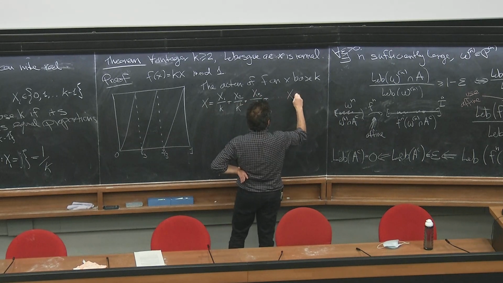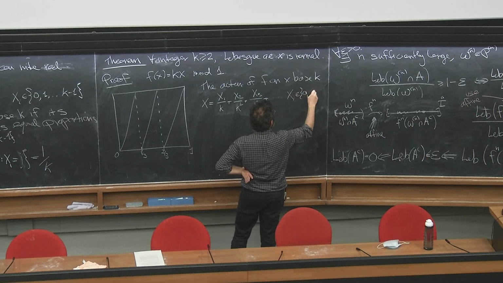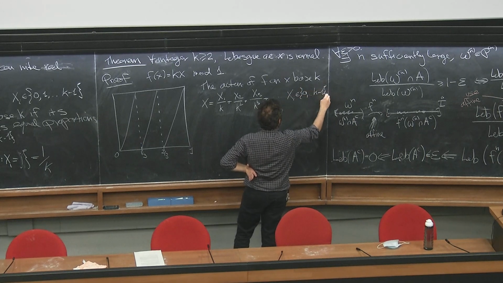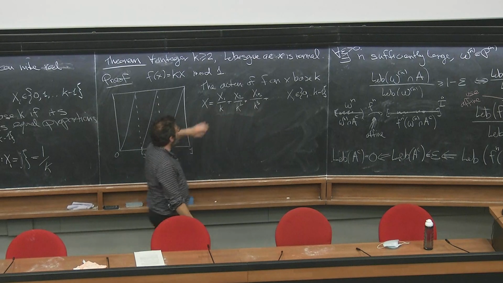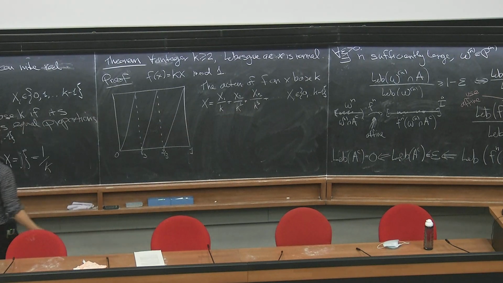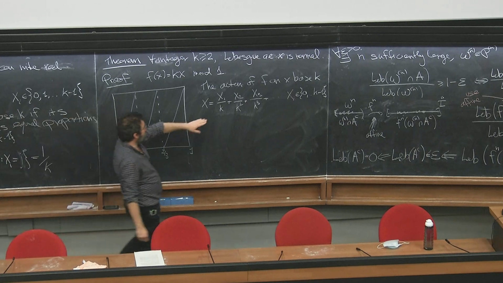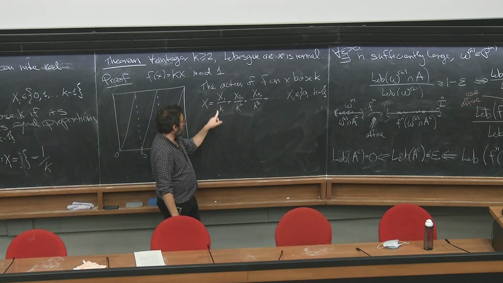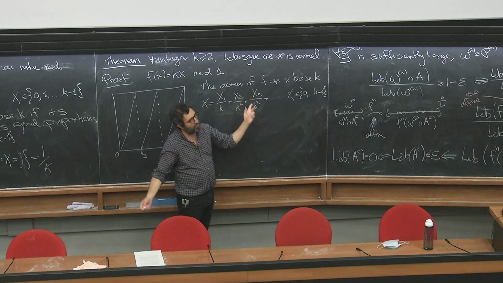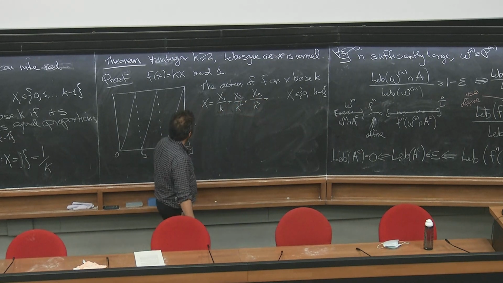So this is xi belongs to 0 to k minus 1. This is what the base k expansion is. When k is equal to 10, this is the 10th place, the 100th place, the 1000th place, right? So this is the base k expansion.